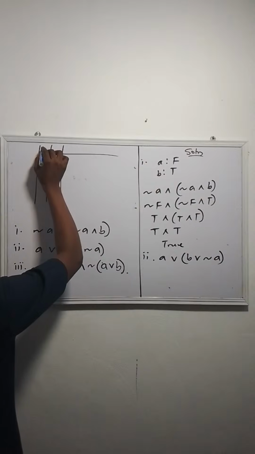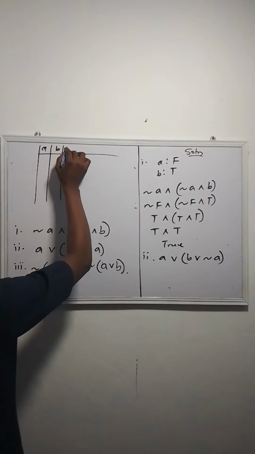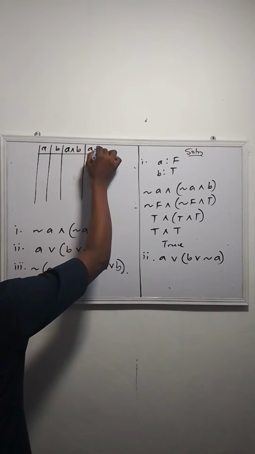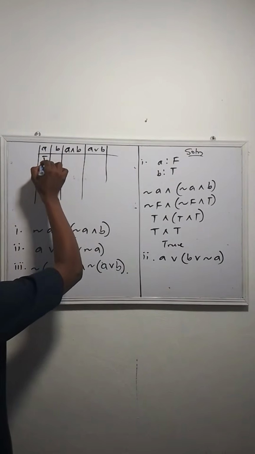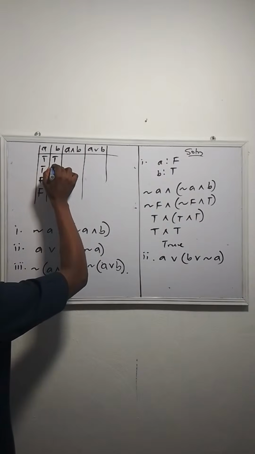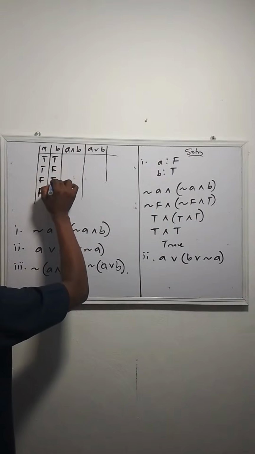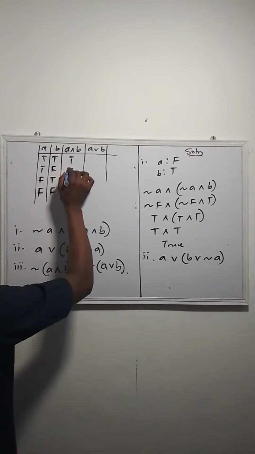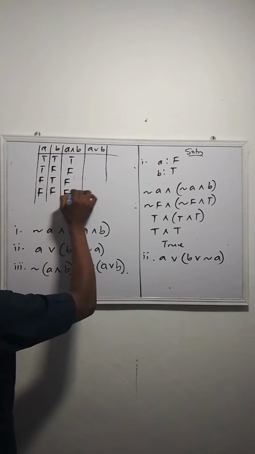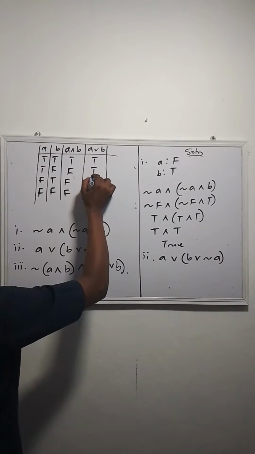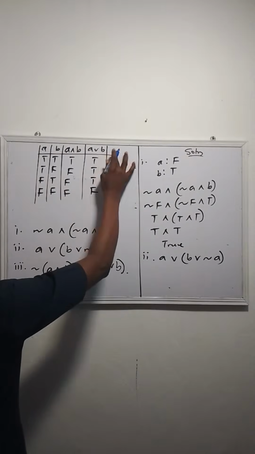So we have A, B, A and B, and A or B. We have true, true, false, false, true, false, true, false. So true and true is true, true and false is false, false, false. Now true or true is true, true, true, and false. So this is the table.